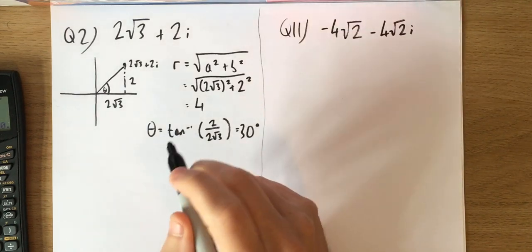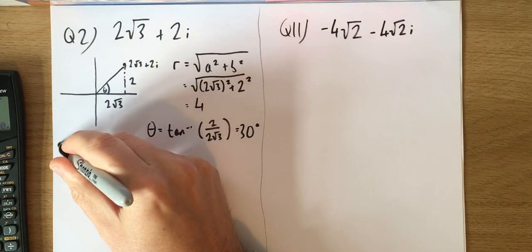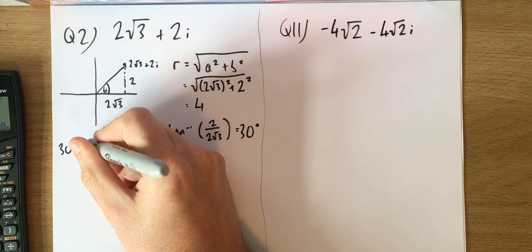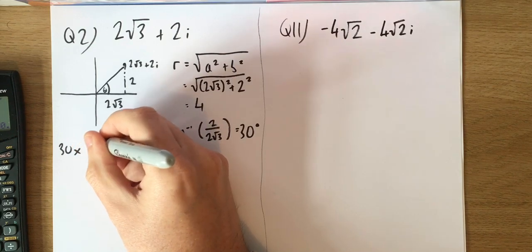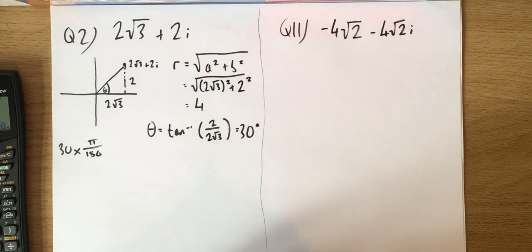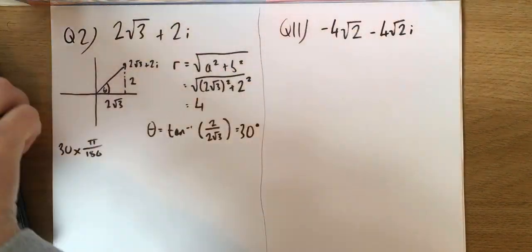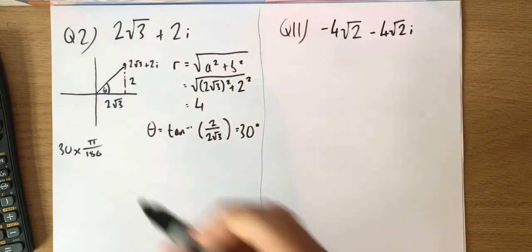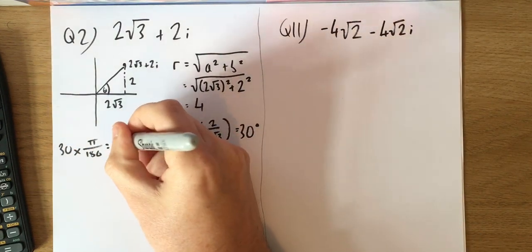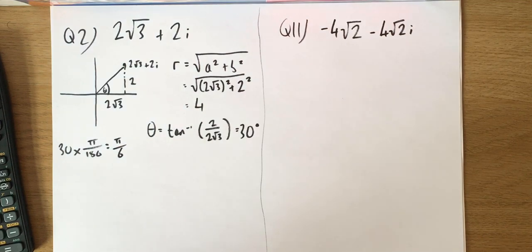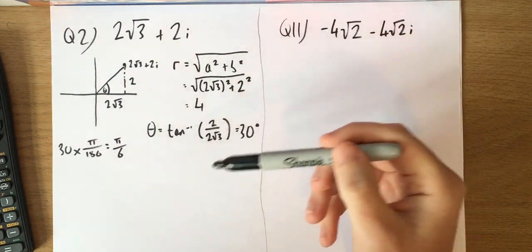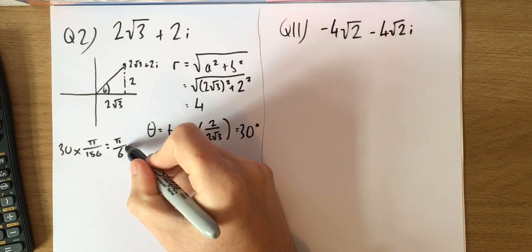To go from degrees into radians, you multiply by pi over 180. It's multiplied by 180 over pi to go the other way. So if you do 30 multiplied by pi over 180, you are going to get 1/6 pi, or pi over 6 radians. So the complex number is 4 cis pi over 6.